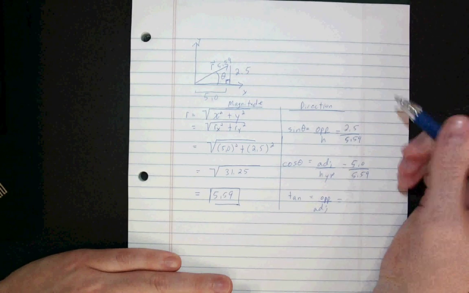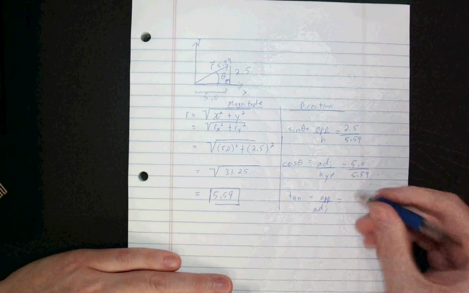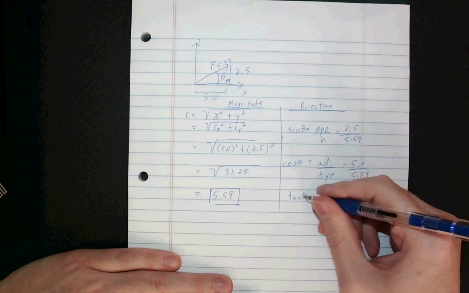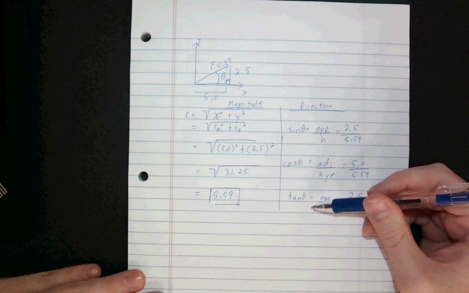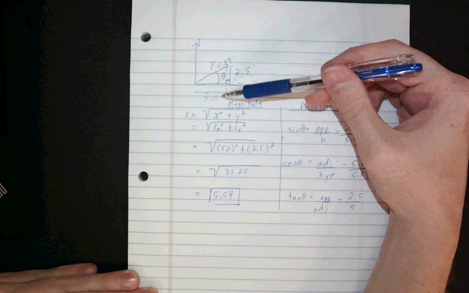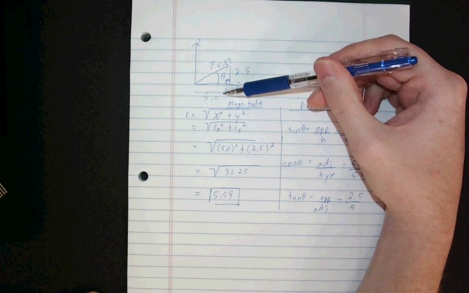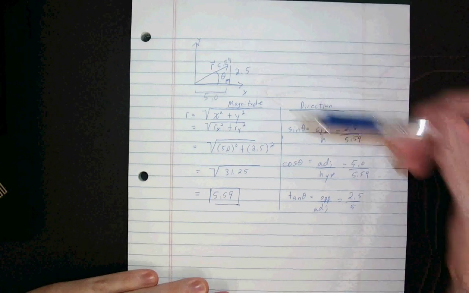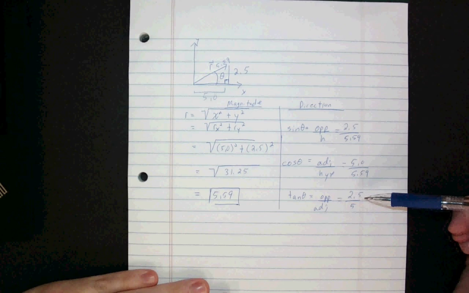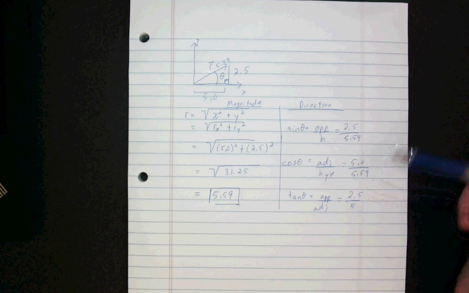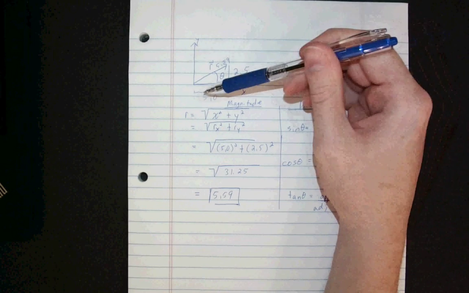And in this case, that would be 2.5 over 5. Tangent makes the most sense to me here because I was given 2.5 and 5. So if I made some kind of mistake in finding r, that error won't propagate if I find my angle with tangent. And the error won't propagate because this was given information.